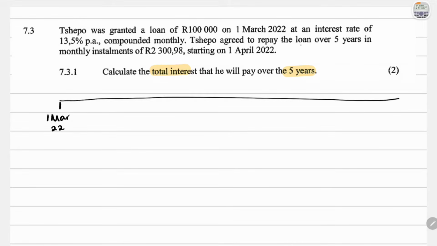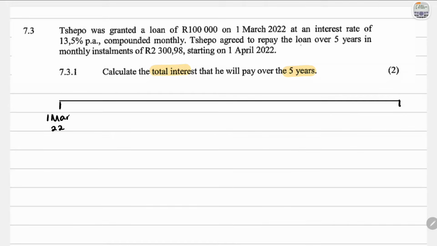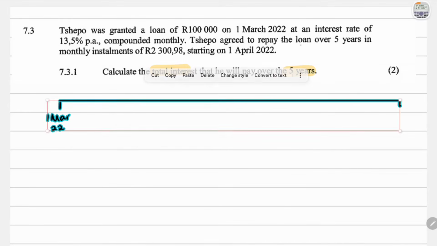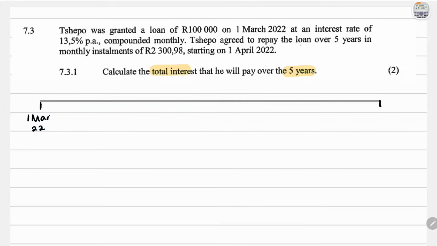And of course, this loan goes for a total of 5 years. So if it's from the 1st of March 2022, then the last date we'll have for this loan would be in 5 years time, 2027. Okay, so it should end on the 1st of March 2027. I'm basing this on the amount of payments, because if it's for 5 years and he's paying monthly installments, times 12 months, he's going to have to pay 60 payments.